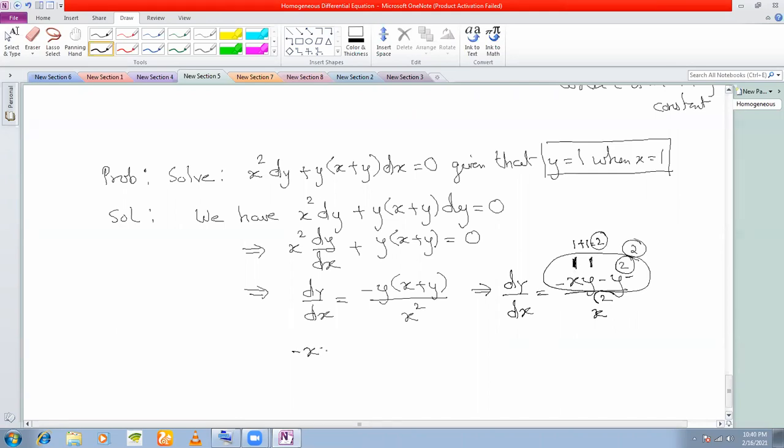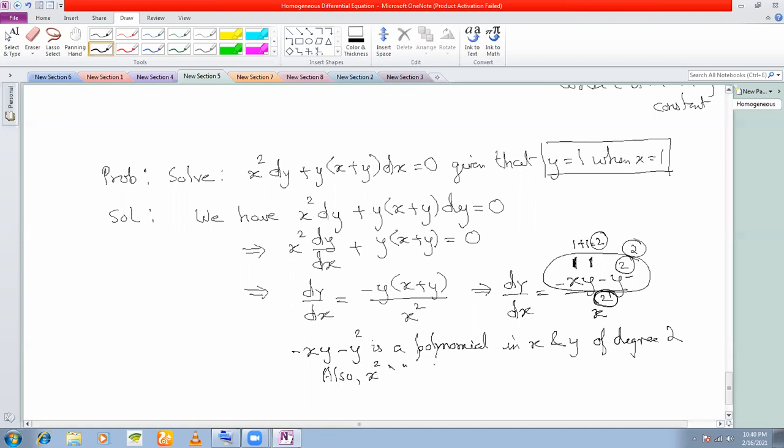So minus xy minus y square is a polynomial in x and y of degree 2, right? Also, x square in the denominator is a polynomial in x of degree 2, isn't it?